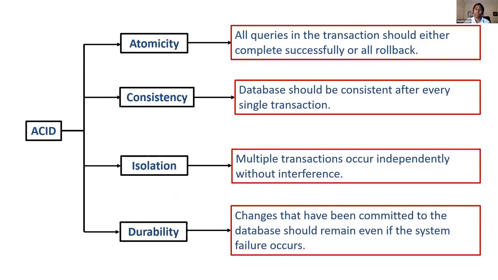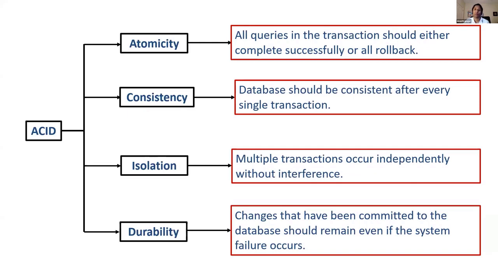So let's start with the ACID properties of transactions. Every major relational engine, be it SQL Server or Oracle or PostgreSQL, should satisfy the ACID properties of transactions. So what is this ACID? A stands for atomicity. Atomic means a single unit of work. A transaction can contain one operation or multiple operations. All the operations in a single transaction should either complete successfully or none of them should.